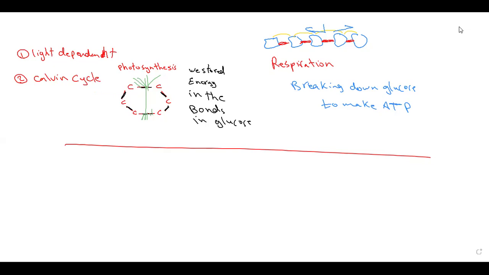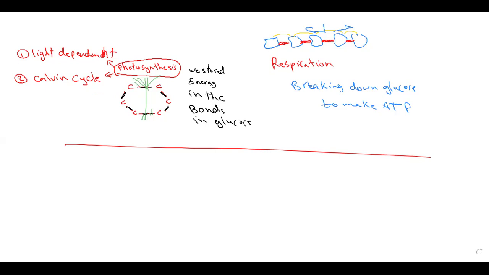What was the Calvin cycle? The light-independent reaction. That's what I said in the beginning. We need to revise the previous session quickly because it has been a long time. Now, where is it? Here we go.